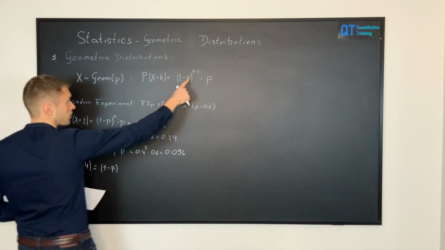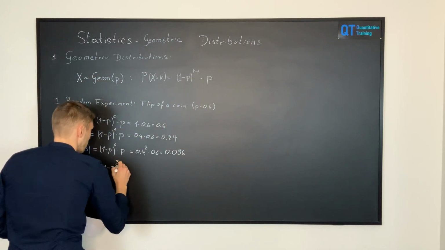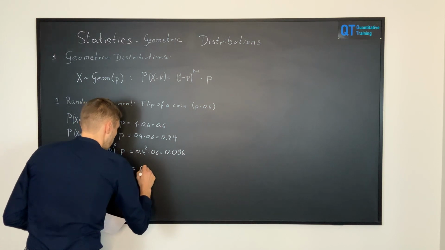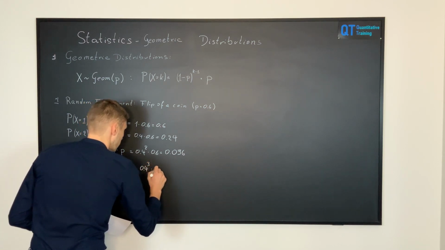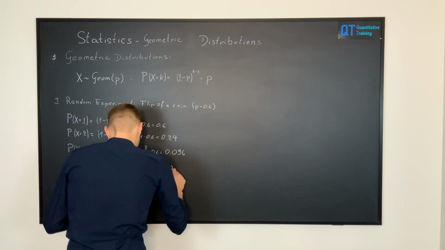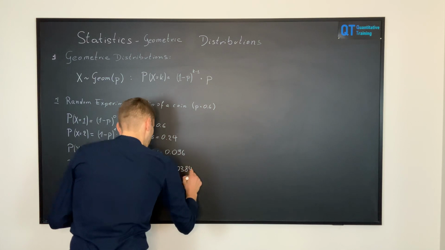So k is 4, so 4 minus 1 is 3, times the probability of success, which is 0.4 to the power 3 times 0.6, and for this probability we obtain 0.0384.